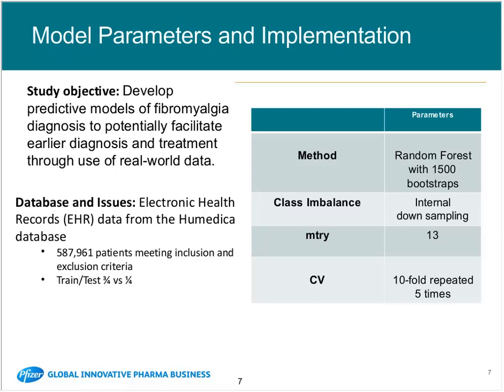Some of them are downsampling. What that means is that you look at the base cases, the fibromyalgia patients in this case, and then you randomly select the same number or a similar number of non-fibromyalgia patients, and then do your model development on that set. Then you can do upsampling, or you can do a hybrid approach, whatnot.